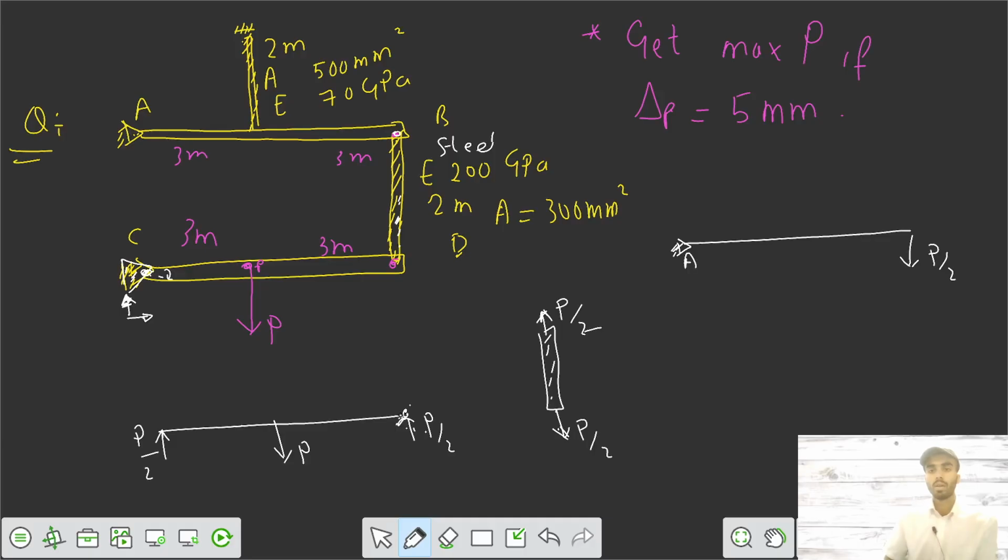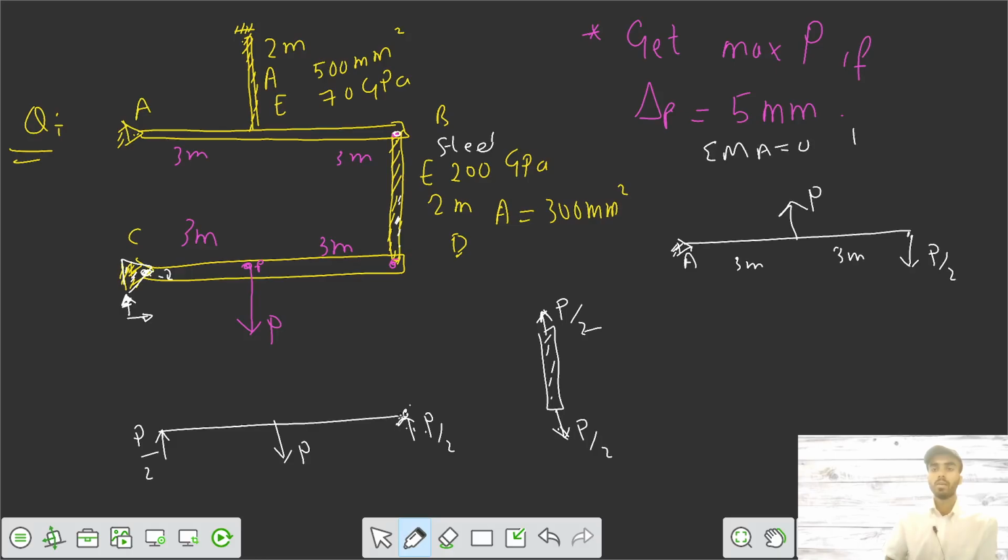Now we need to get the value of force in the bar, this aluminum bar, at a distance of 3 meter from A. We can say if it's P by 2, it has to be equal to P. We can check it from summation of moments at A equals 0.